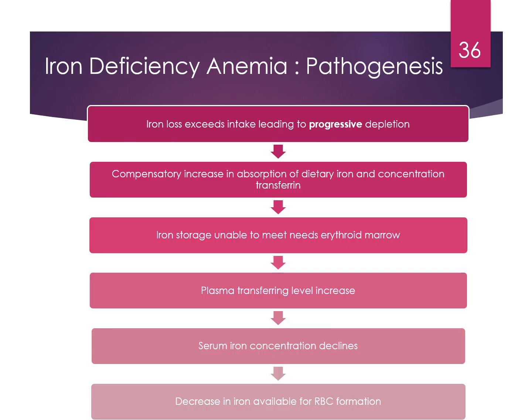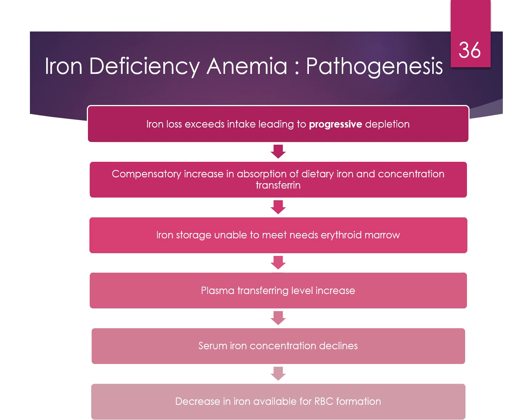This slide gives you an explanation of iron deficiency anemia pathogenesis, where you have iron loss that exceeds the intake, with progressive depletion of iron. It goes through this cycle where you have a compensatory increase in absorption of your dietary iron and concentration of transferrin.